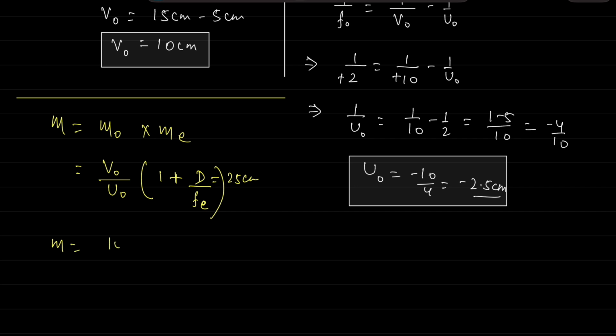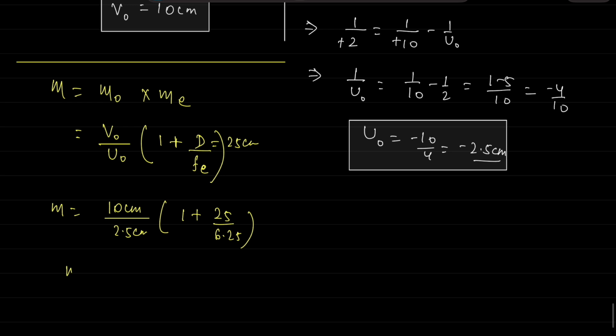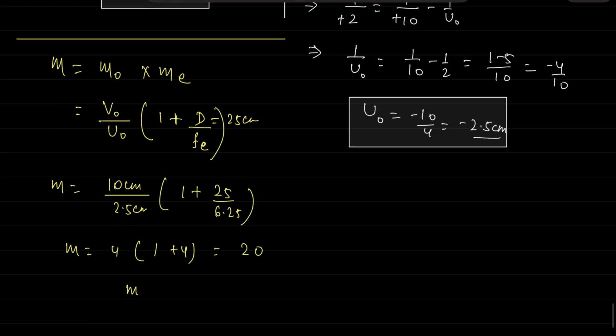VO is 10 centimeter, we got it, and UO is 2.5 centimeter. We are only finding the magnitude of the magnification, so we just use the magnitude; sign is not required. 1 plus 25 by 6.25. So M is equal to 4 bracket 1 plus 4, it's equal to 20. So M is equal to 20. So the image is 20 times magnified.